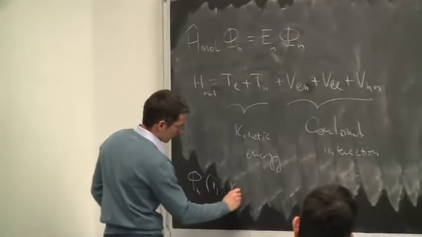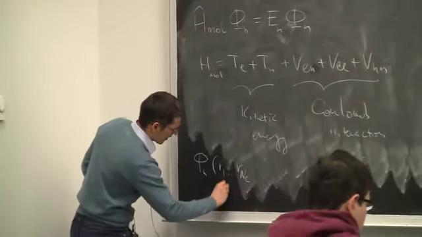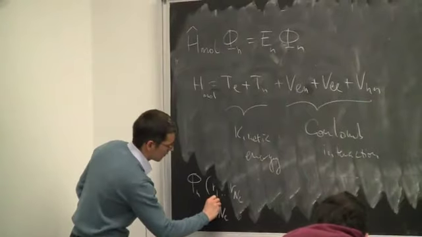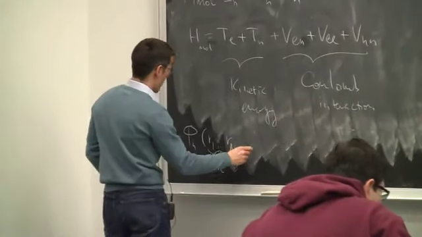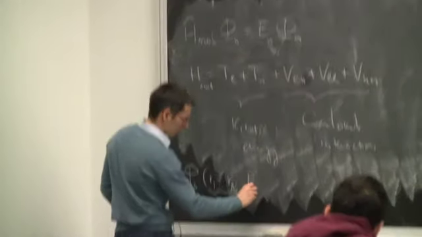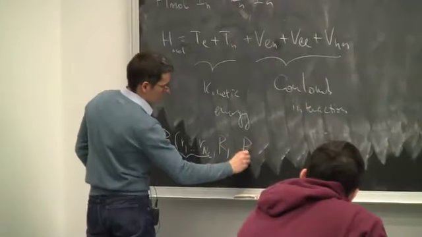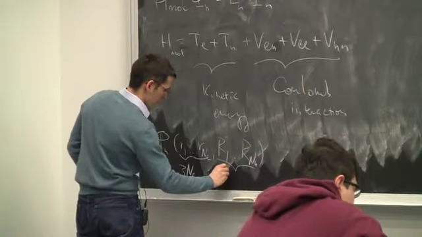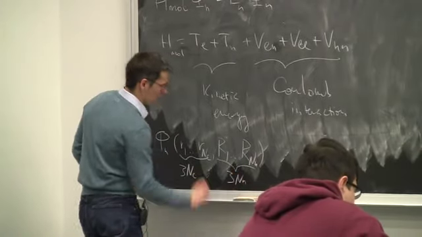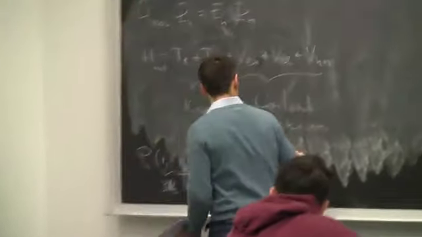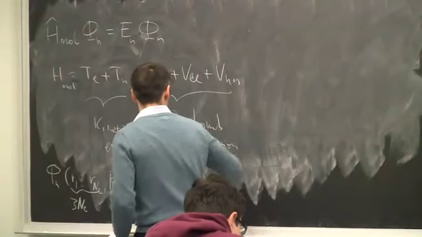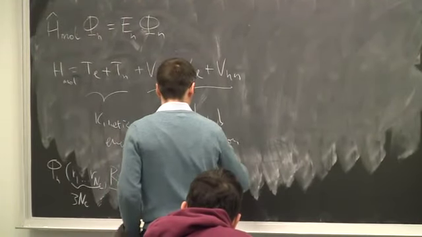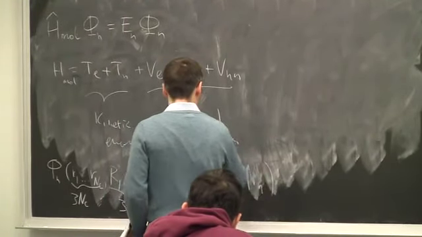function of 3n_e variables from electrons, and also there are nuclear variables, right? 3n_nuclear variables, and so together this is 3 times the number of electrons plus the number of nuclei.